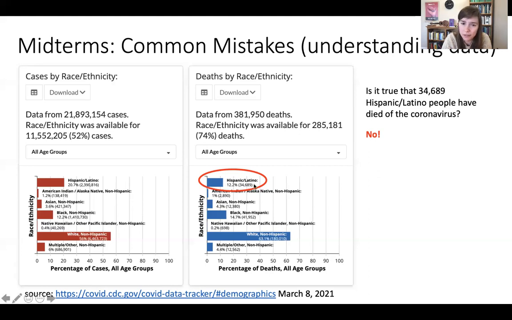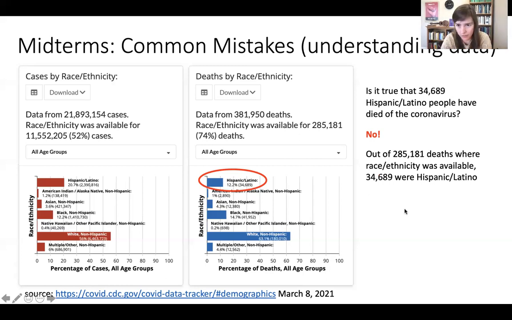And so what this number is actually telling us is that out of the 285,181 deaths where race and ethnicity data was available, out of that subset of the total deaths, 34,689 were Hispanic or Latino.